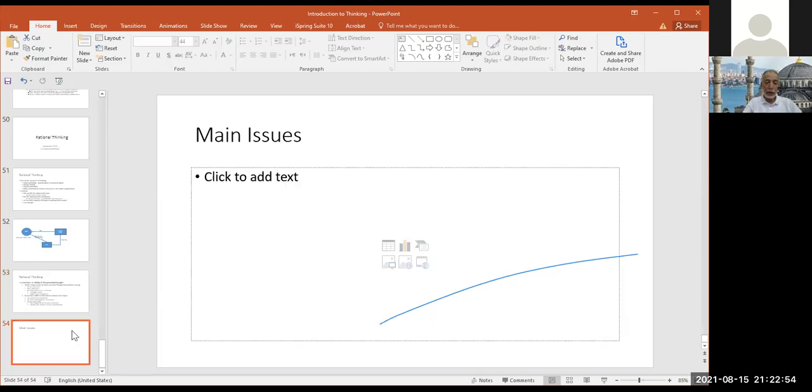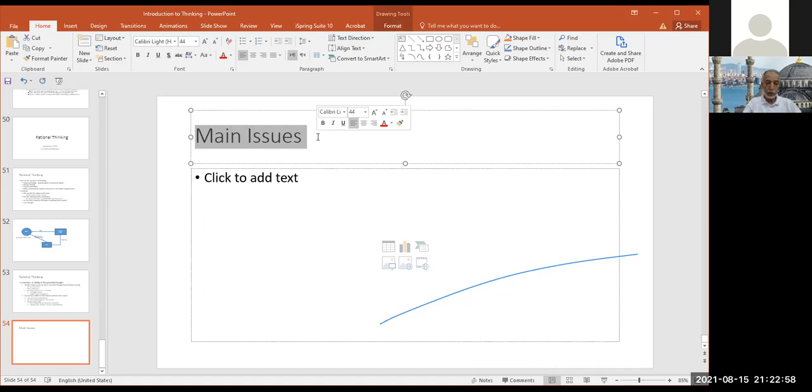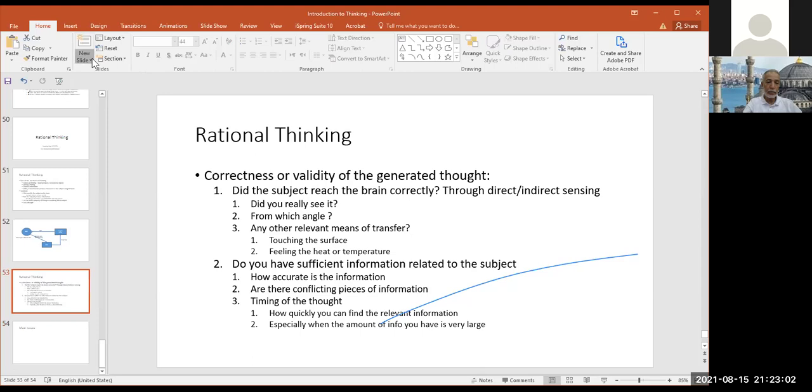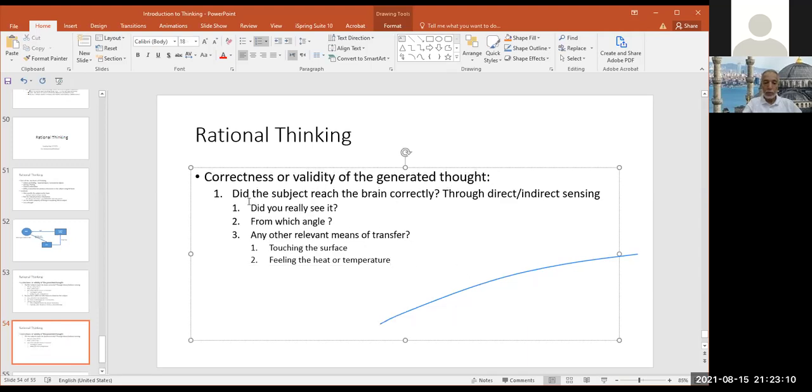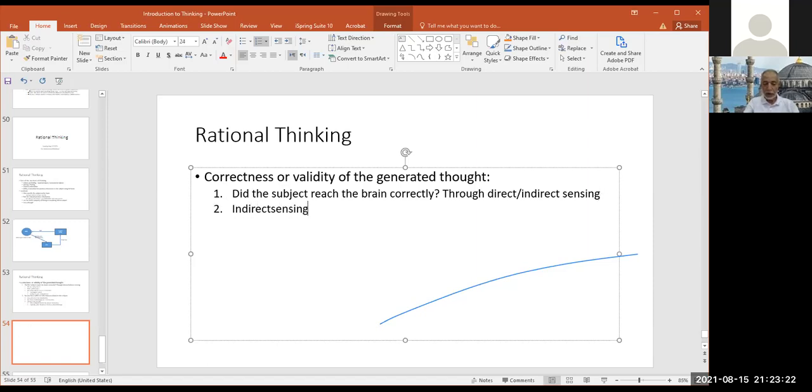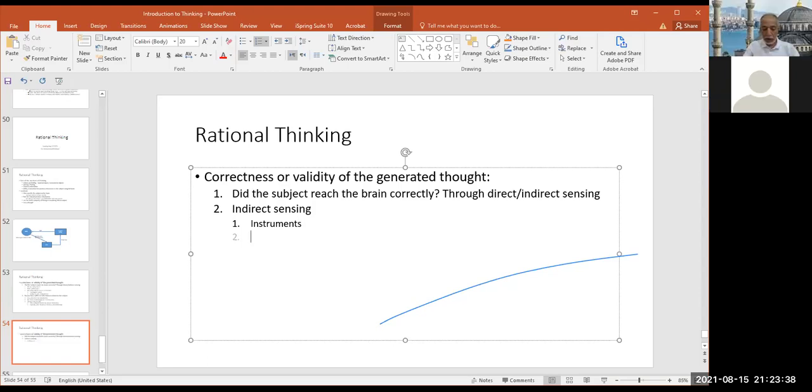Let me go back to the indirect sensing. It can be done in one way, as mentioned, with instruments, or the object can be sensed by others, by some other entities, other individuals or people.